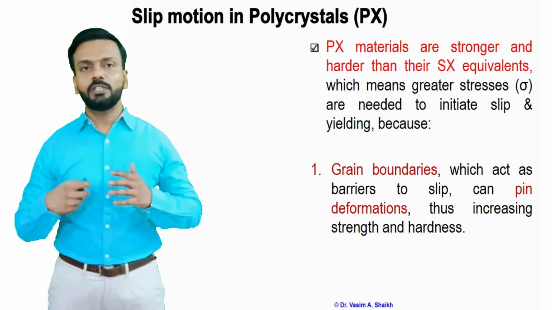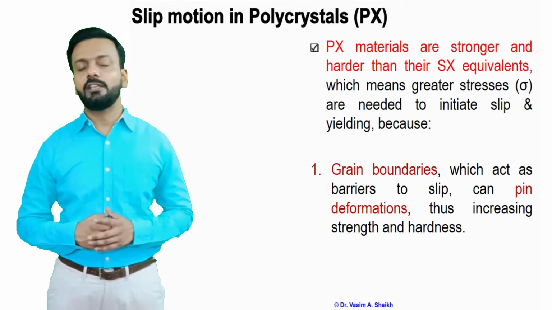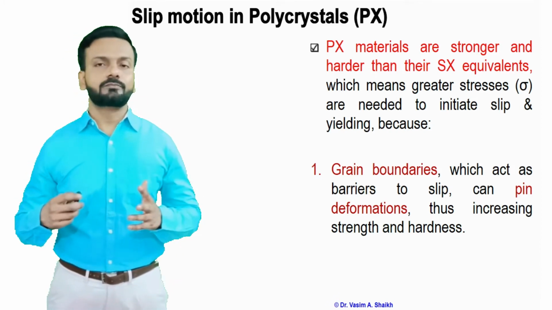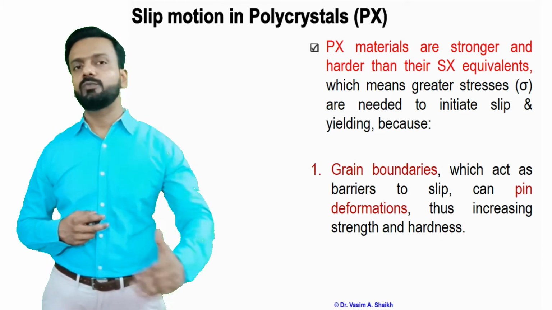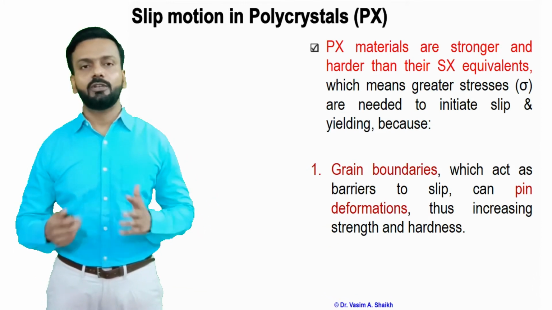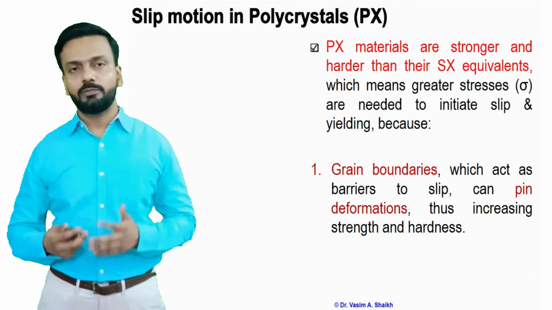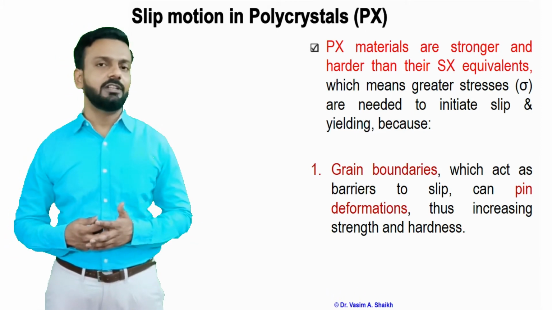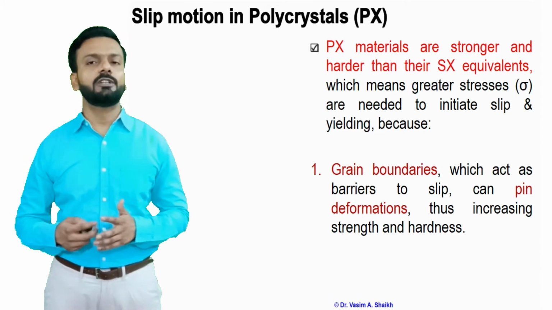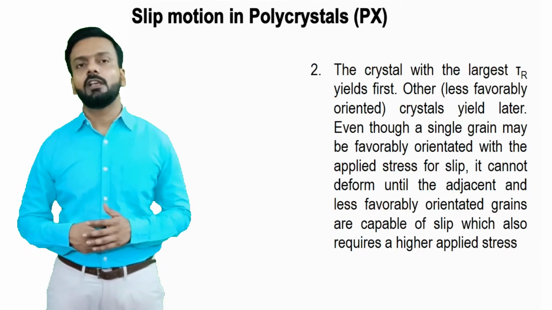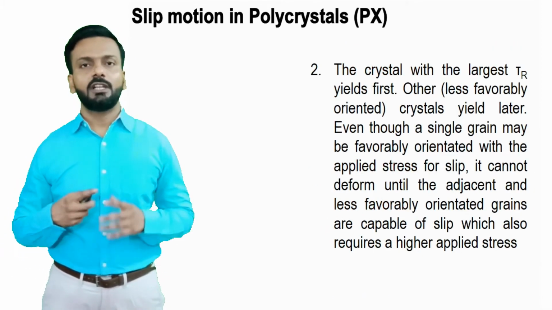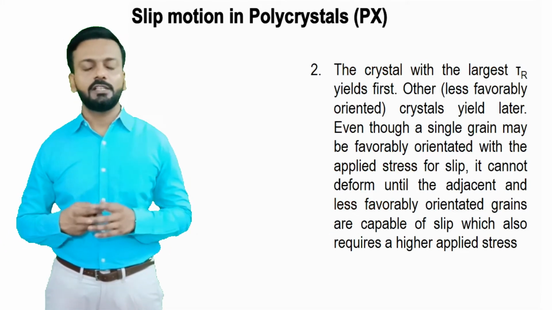So to initiate slip and for yielding, the grain boundaries act as a barrier to the movement of dislocations, and because of that deformation is not easy. That is why in a polycrystalline material it is difficult to deform the material as easily as we do in a single crystal material. Also, the crystal with the largest resolved stress yields first.